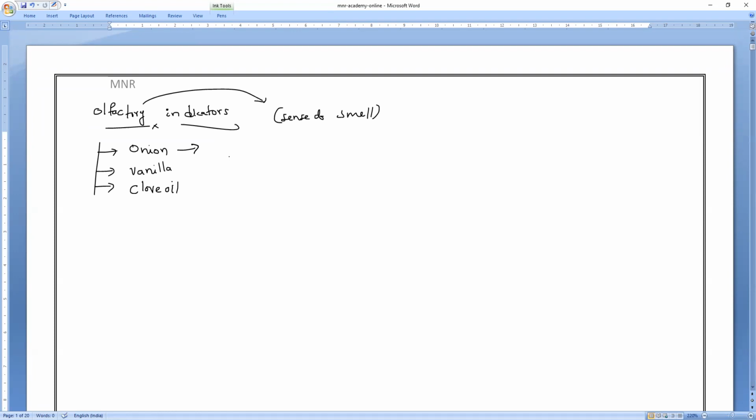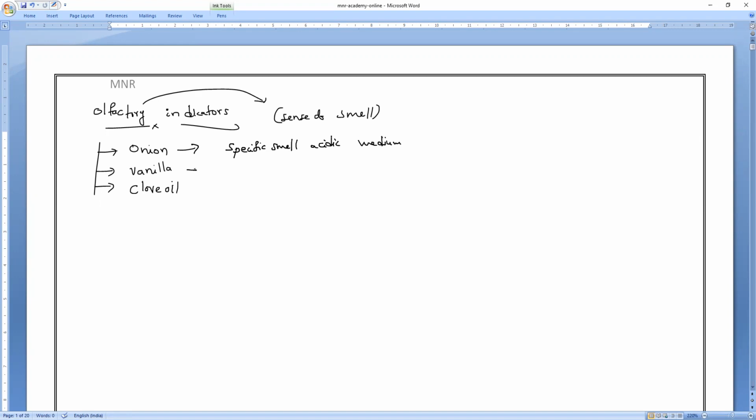If you take onion, it does not have any smell with the base. It will lose its smell, and it has a specific smell in which medium? Acidic medium. If you take the base, it will lose its smell.